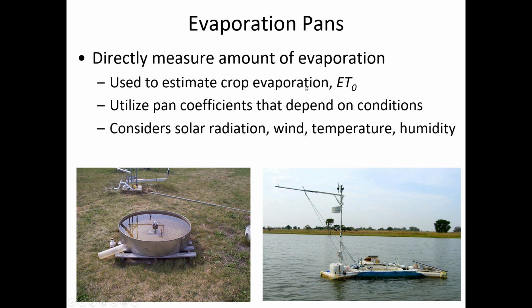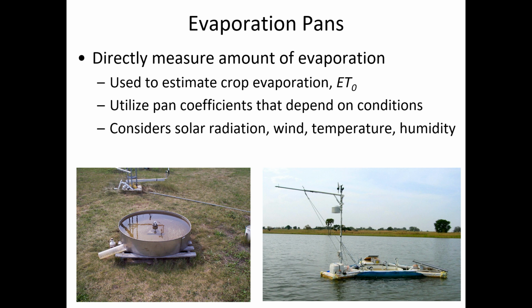And ET, this term here, sometimes we think of it as evaporation, and sometimes you'll hear the phrase evapotranspiration, because transpiration is the process by which plants exhale moisture during their cellular activity.